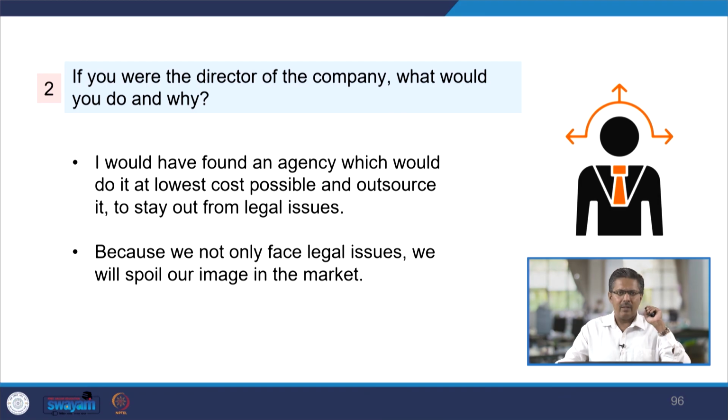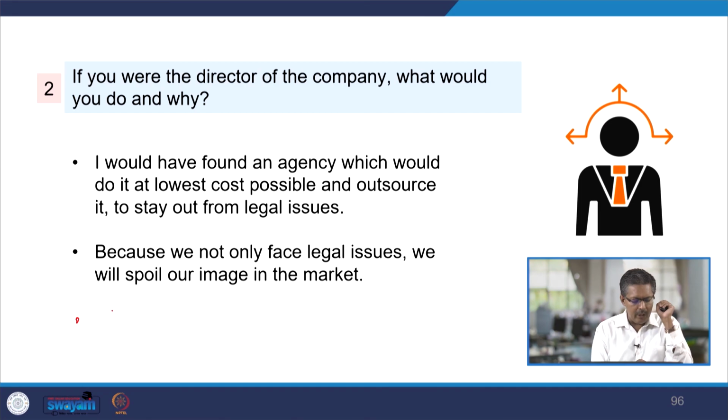Second, if you were the director of the company, what would you do and why? I would have found an agency which would do it at the lowest cost possible and outsource to stay out of legal issues. Because we not only face legal issues, we spoil our image in the market as a result of it. But yes, as a director, I would surely have asked my team why they were not aware that such a thing was happening in the market and why we were so late to react.